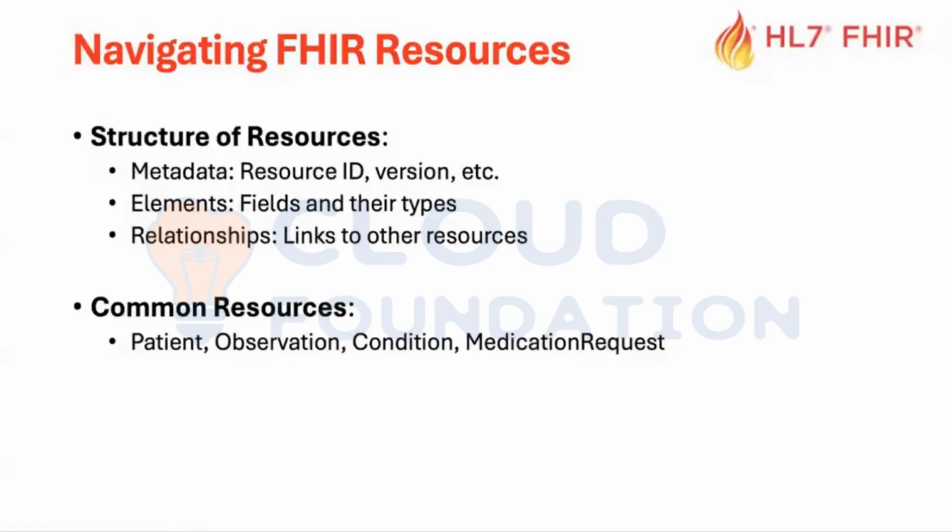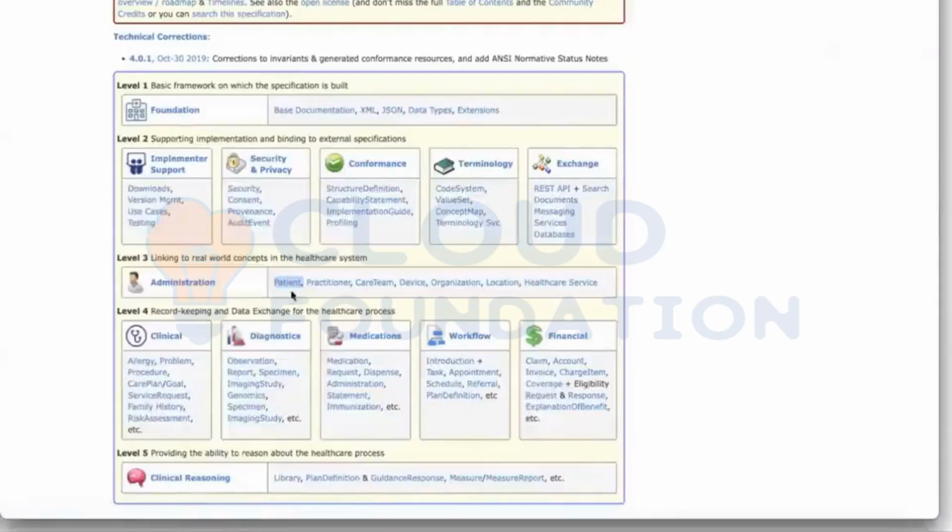We already discussed the elements, the fields and their types. The data type is like, if the field is birth date, the type is date. If the field is active, the type is Boolean. And then there are the relationships, which link to other resources. A relationship is an important one.